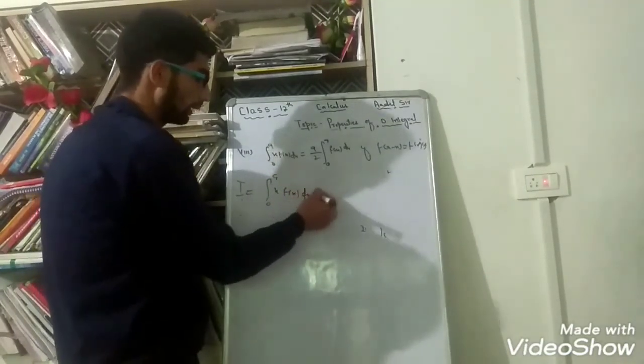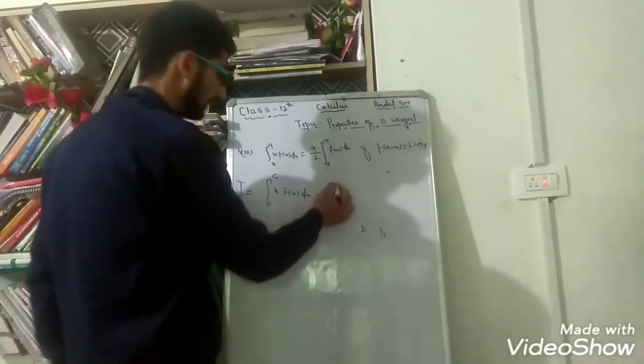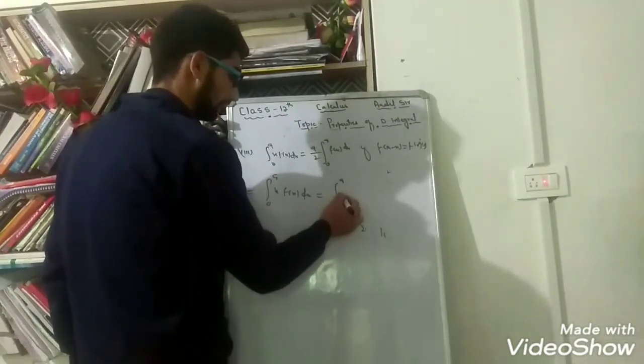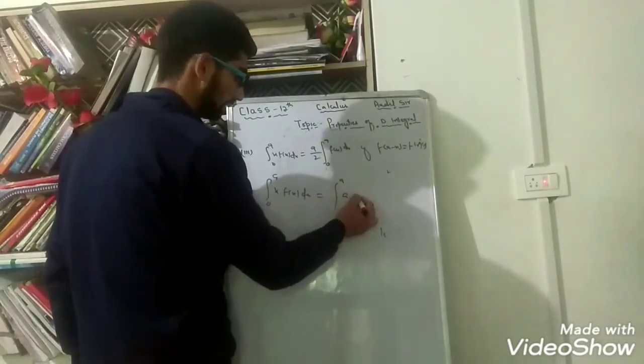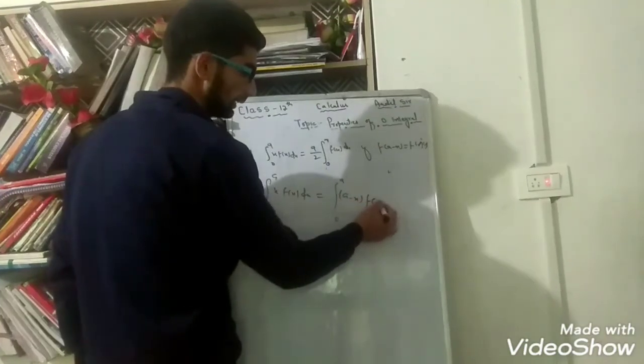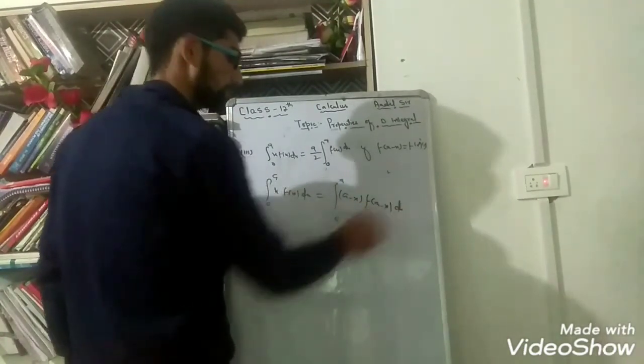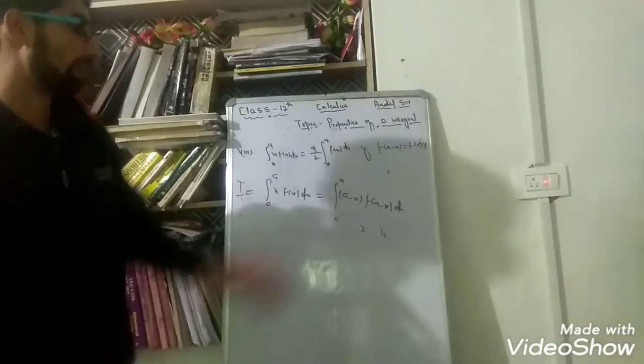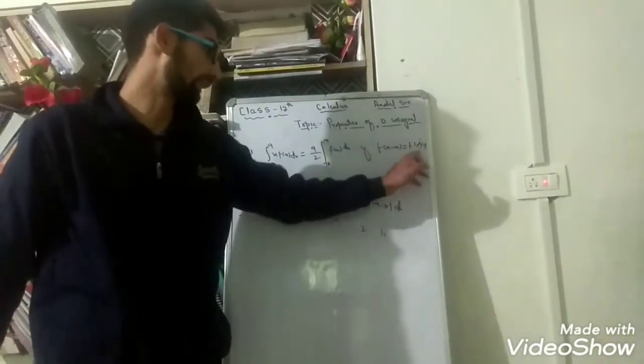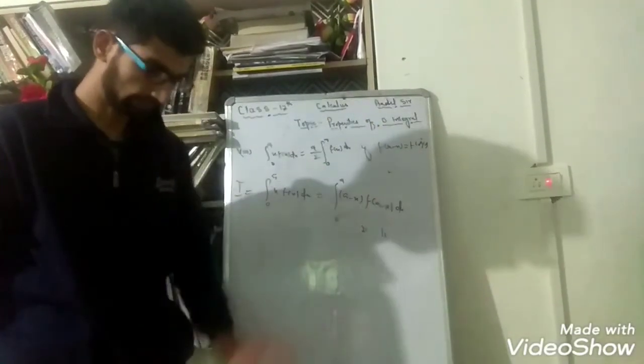You can apply property number 2, so I equals the integral from 0 to a of a minus x times f of a minus x dx. Now you can replace f of a minus x with f of x here and you will get the result.